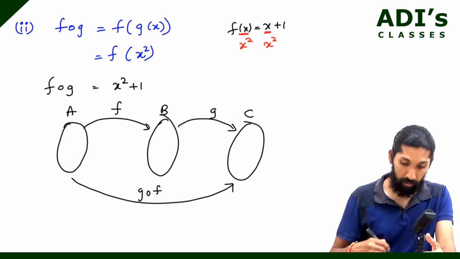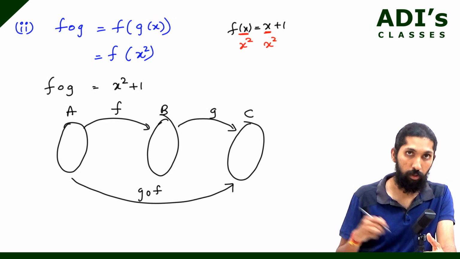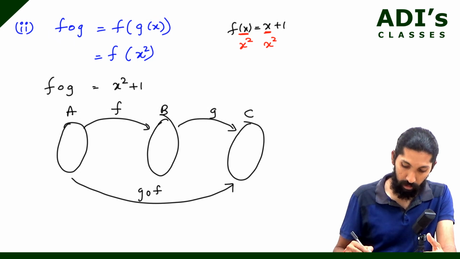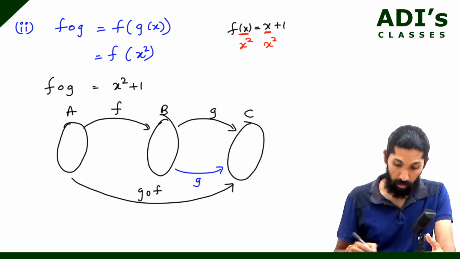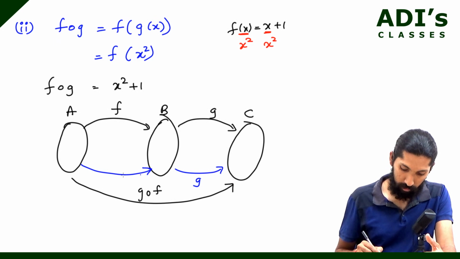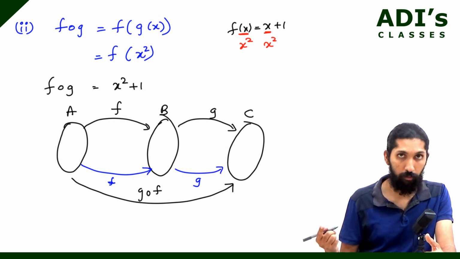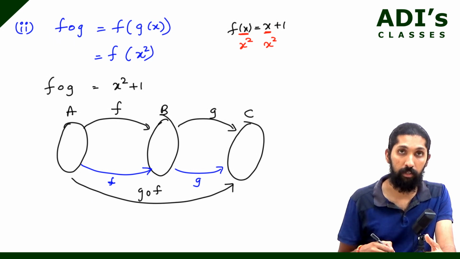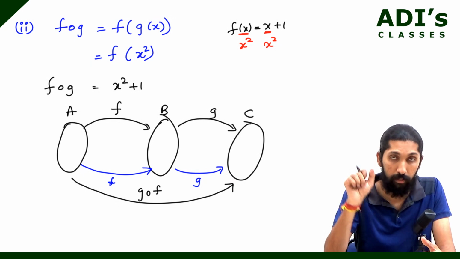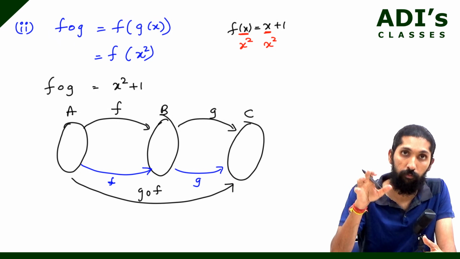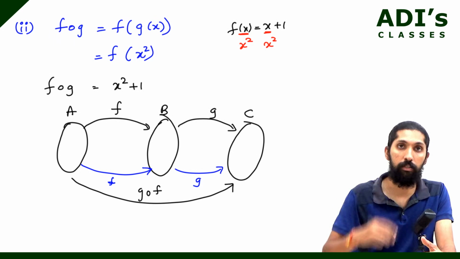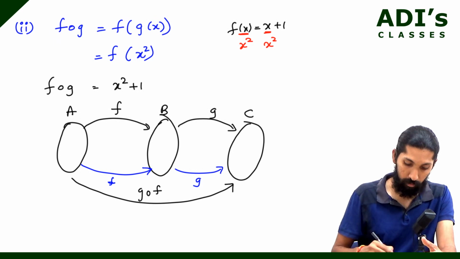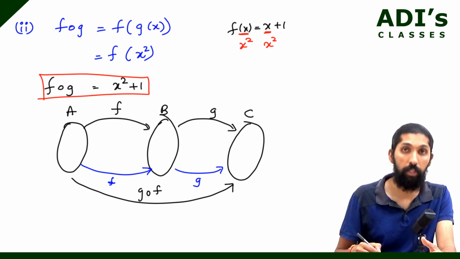But in the second case, when we write f of g of x, from B to C we have g, but here this is f. What we need is f of g of x, so we have to take it the other way around. So generally, we can't do it like this, but we can still get the function. The function is going to be x square plus 1. So this is the function FOG.